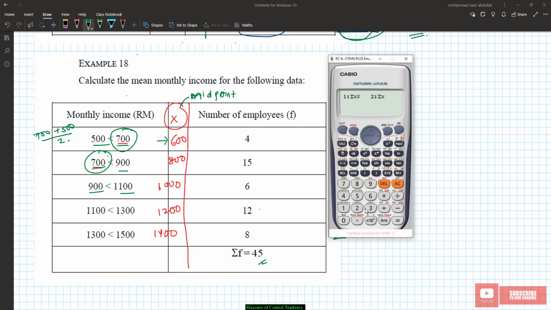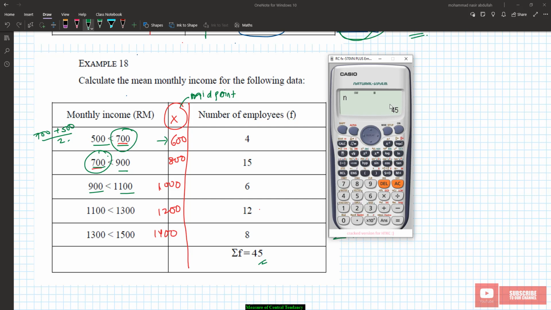Press 2, so it is equal to 46,000. Since you already know the value of f, click on Variance number 4, then press 1 to get the value of summation of f.